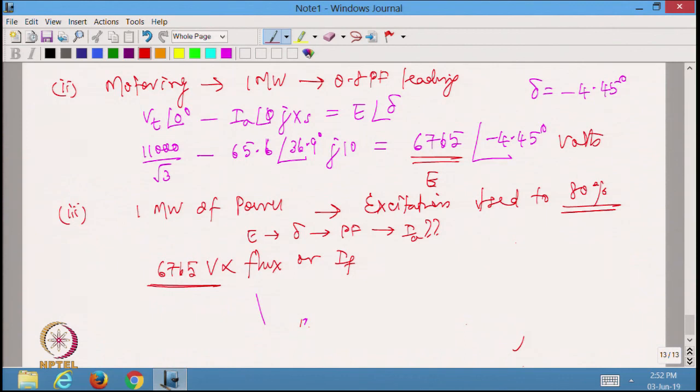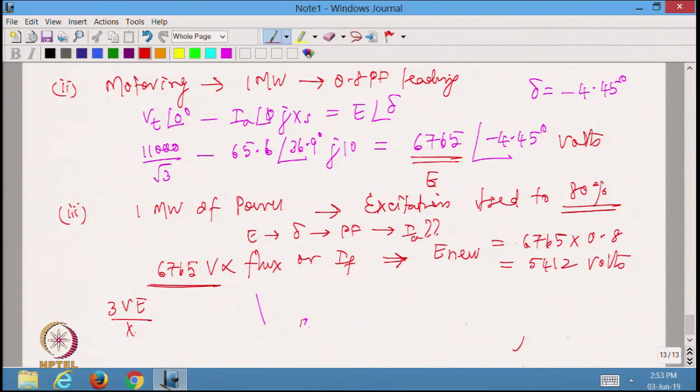When it is 80%, I am going to have E new, which is 6765 multiplied by 0.8 volts. So, that comes out to be 5412 volts.